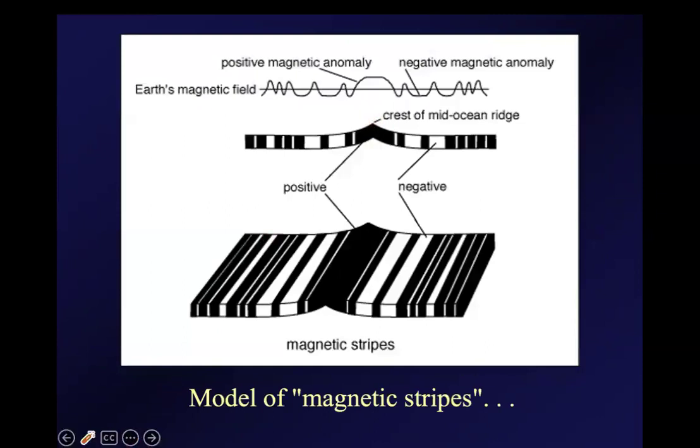However, remember that you get older and older rocks as you go to either side of a mid-oceanic ridge. So you get older rocks here and here. And I can't really write very well on this thing that says older. I hope you can recognize that.